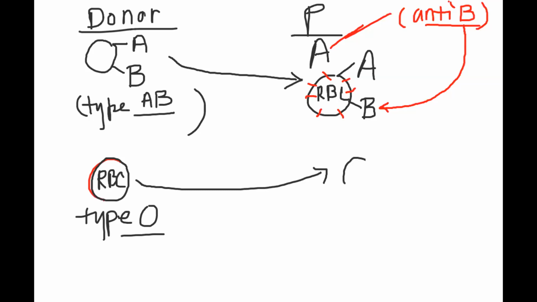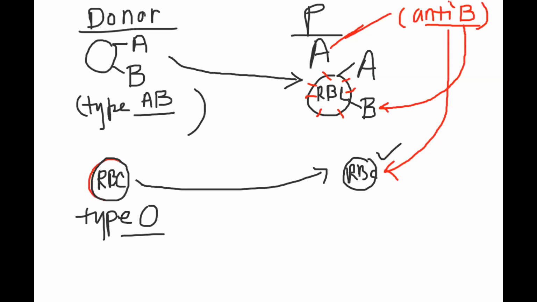Let's look. This RBC doesn't have A, doesn't have B. On the patient side, it has anti-B antibody. This antibody will try to find B antigen and react to it. But since there's no B antigen on the surface of the RBC, there's no reaction. So this will work.